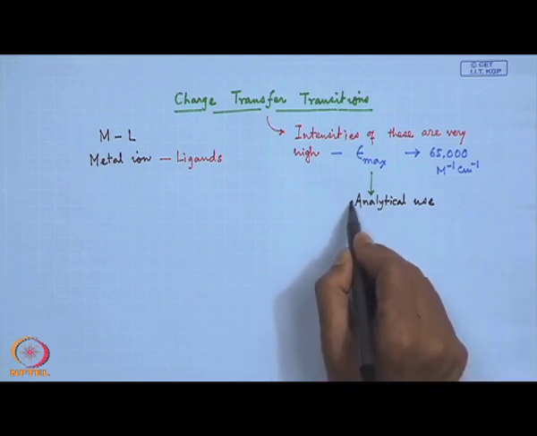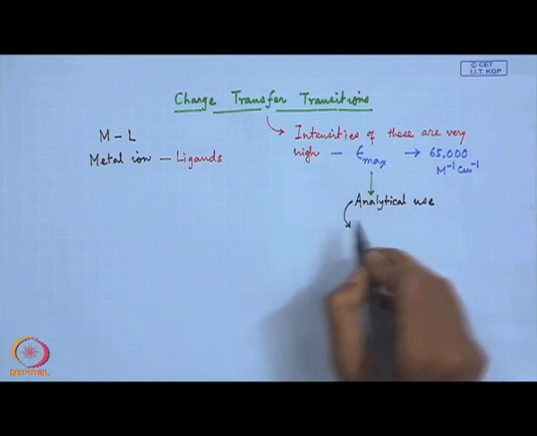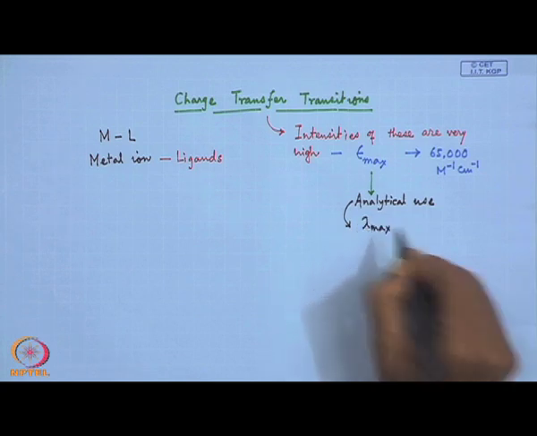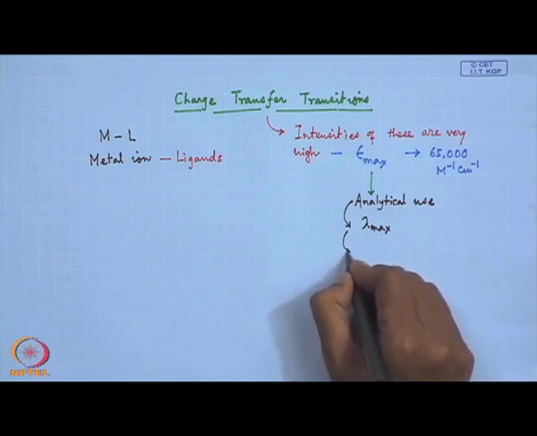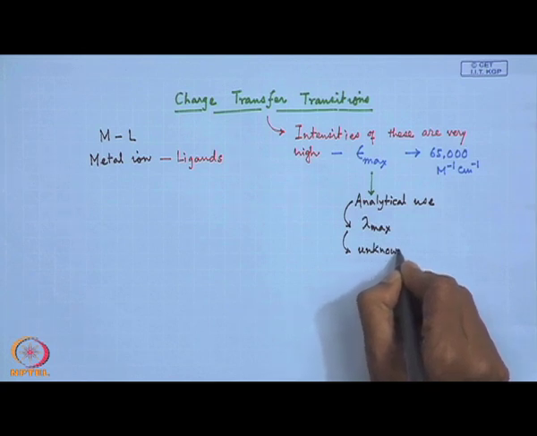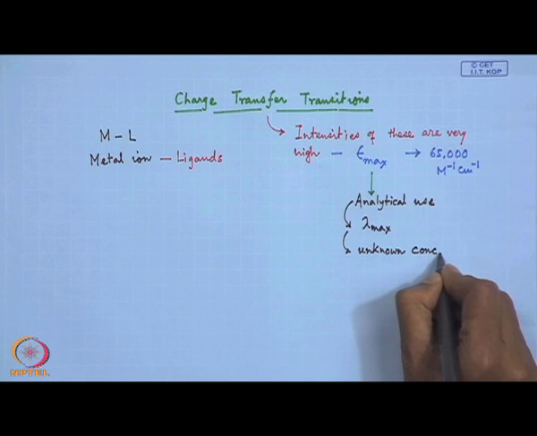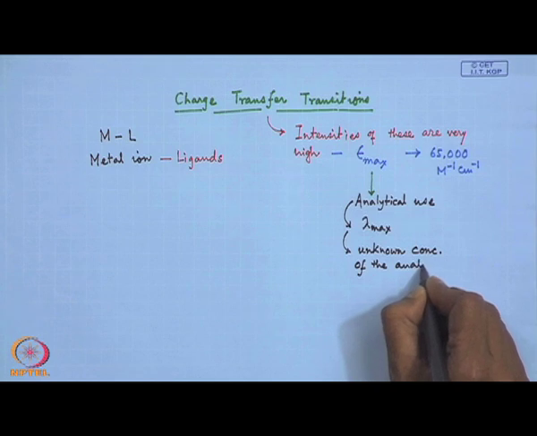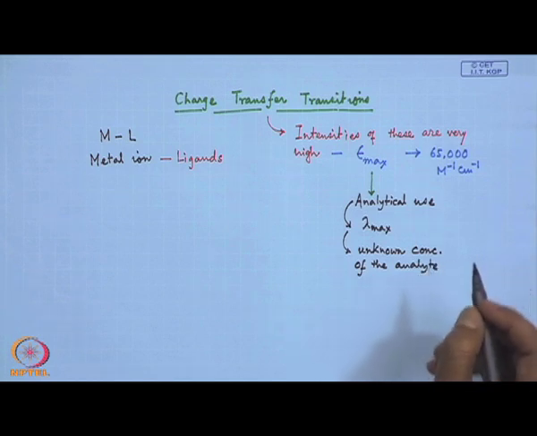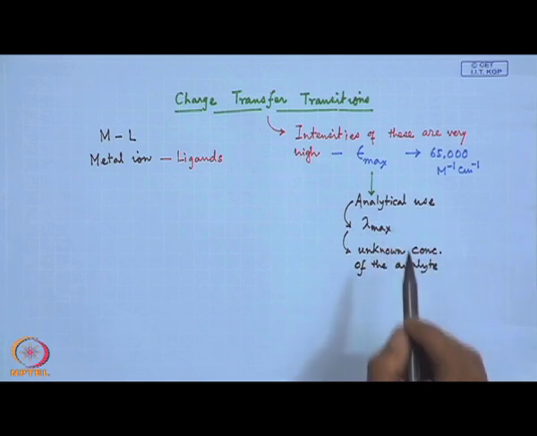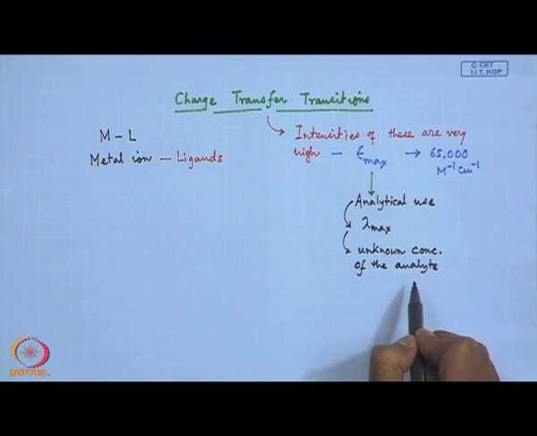Using that particular band, that means that particular lambda max value, we can detect the unknown concentration of the analyte. That means we can go down to a very low concentration for any unknown analyte if that analyte can show a charge transfer transition.